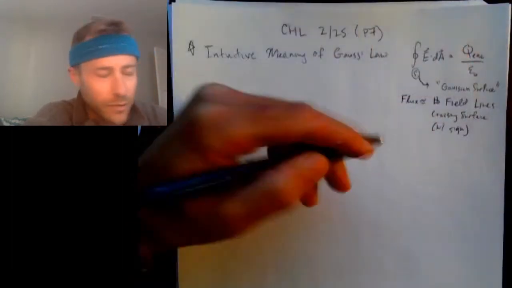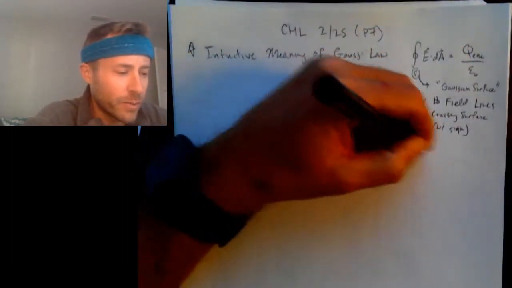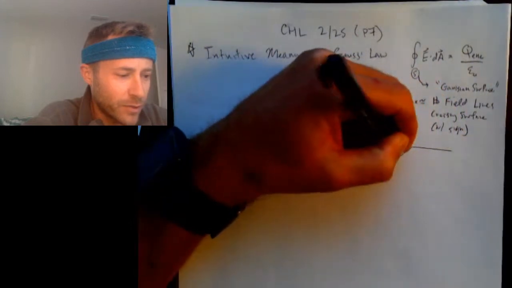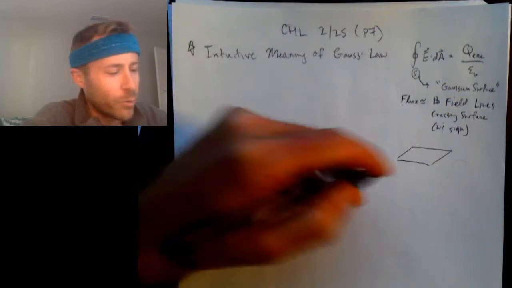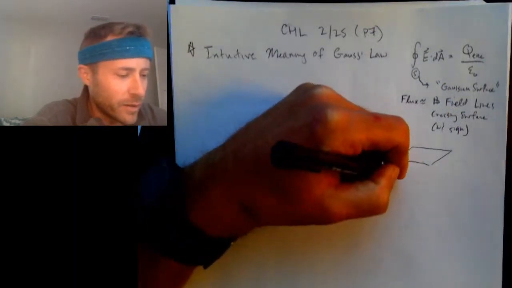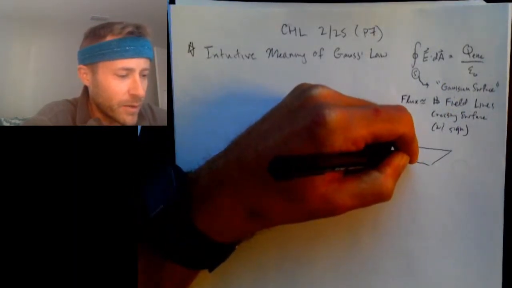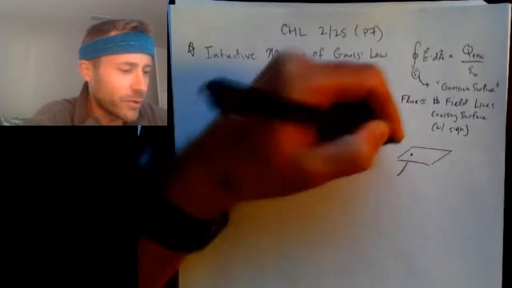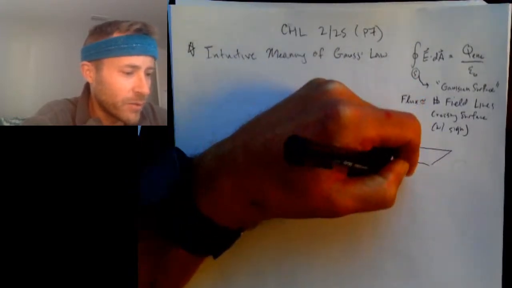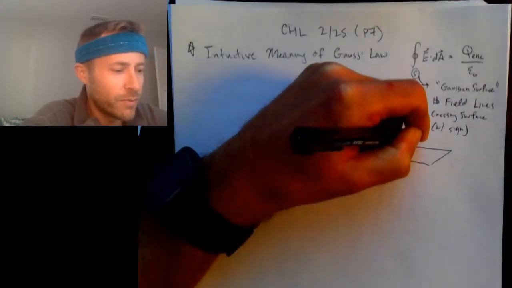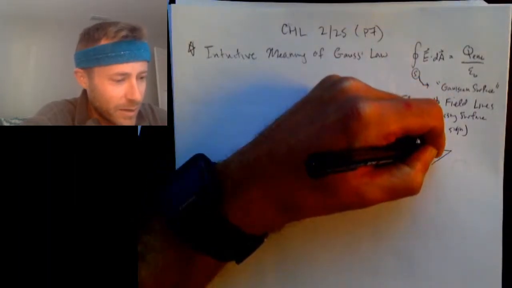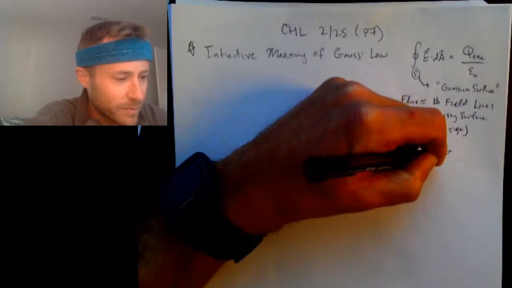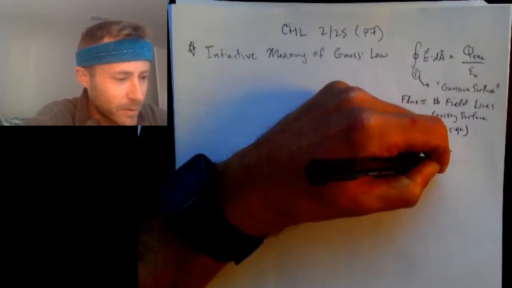So for example, what if I have a Gaussian surface, and an electric field line comes up and leaves the surface, and then maybe later on it comes back into the surface?